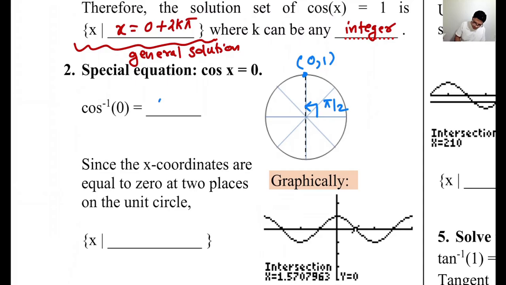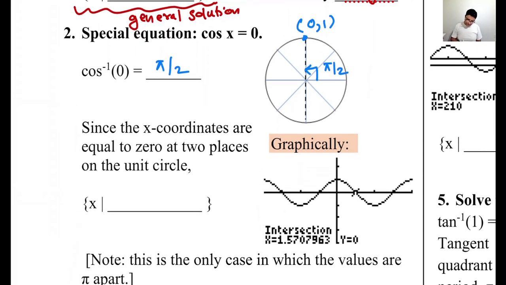So cos inverse of 0 is pi over 2. Since the x coordinate is equal to 0 at two places on the unit circle, another value where it becomes equal to 0 is 3 pi over 2, right? Pi over 2 and 3 pi over 2.